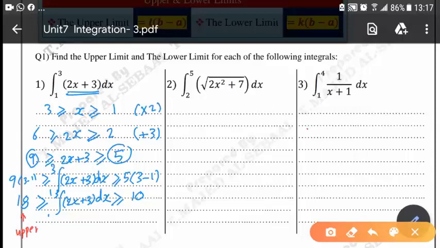The upper limit is 18, and the lower limit is 10. And I think that is clear. It is clear, right? Wasn't that clear? Yes. Okay, thank you.